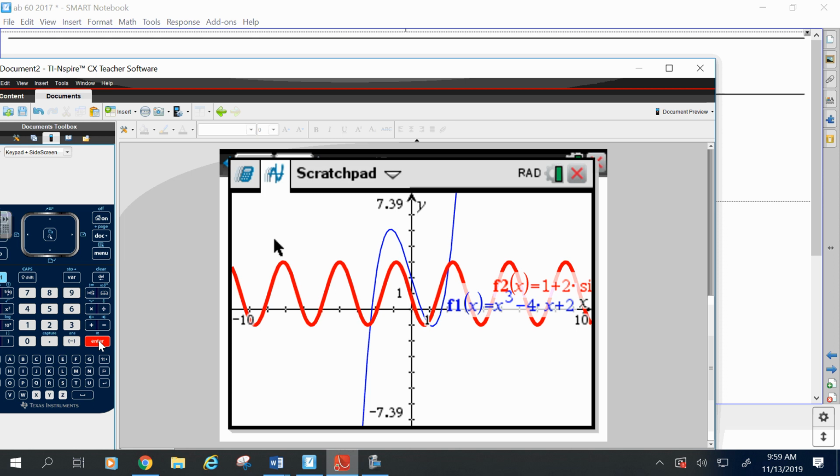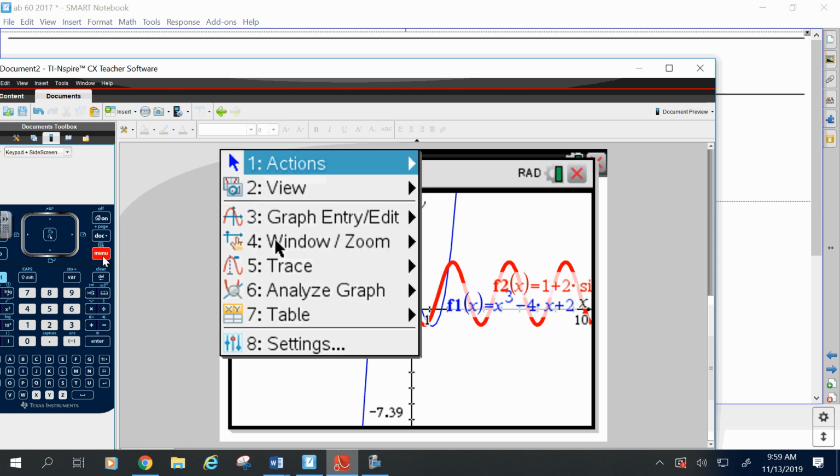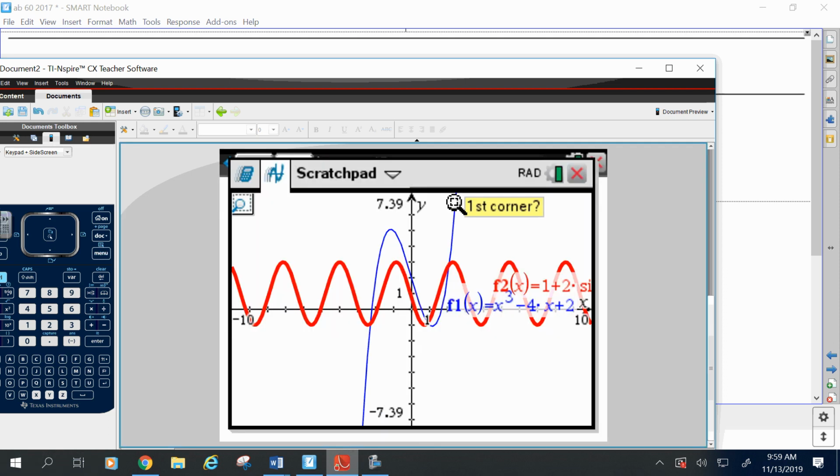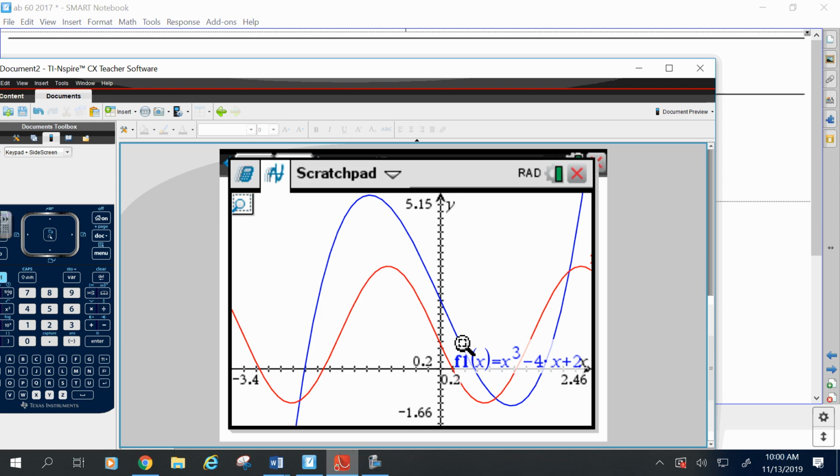So the area enclosed. We don't have to do that. Oh my lord. There's 3 intersections. Okay, yes.